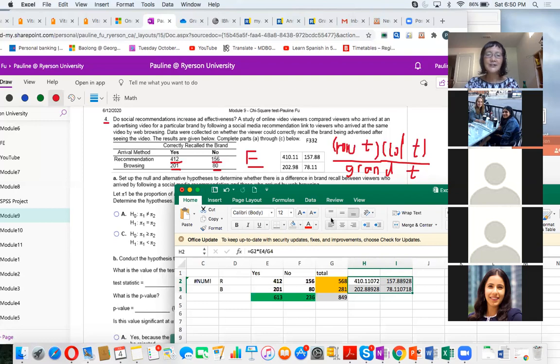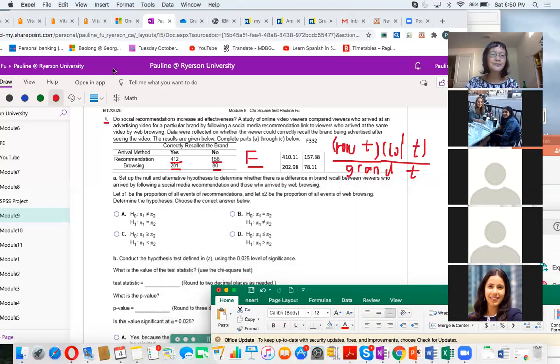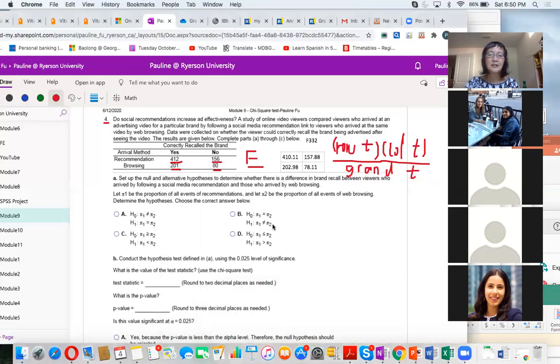All right, so this is the expected value. Once you get the expected value, we introduce the test statistic, chi-square. Chi-square test statistic. What is the test statistic?